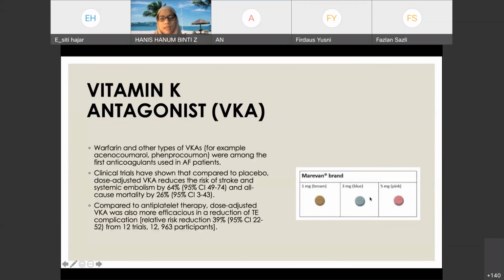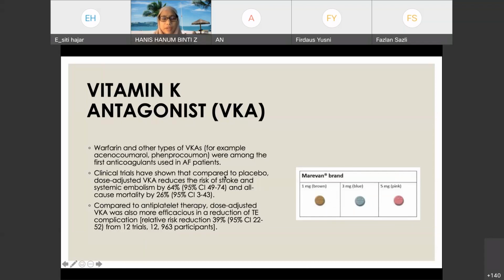Usually patient tak ingat. Sometimes why there are many strengths, because warfarin has a low therapeutic index. So bila kita adjust dosis sikit, level dia boleh tinggi sangat ataupun boleh rendah sangat. So kadang-kadang kita kena combine to get the therapeutic effect dia.